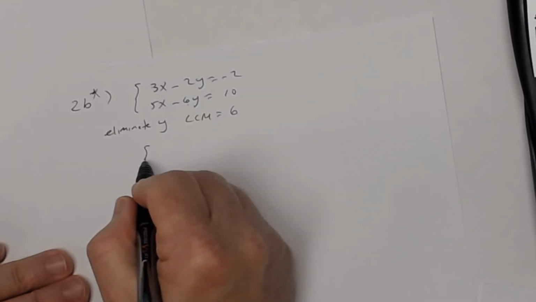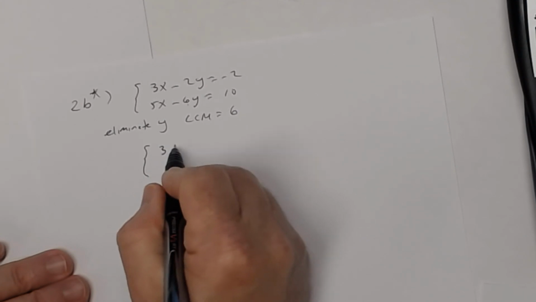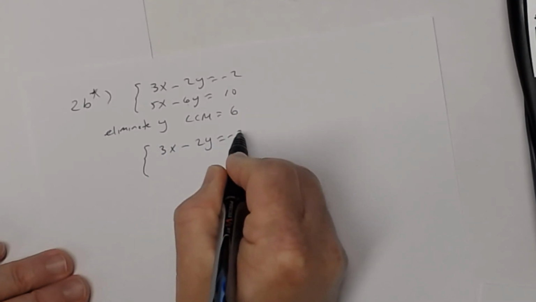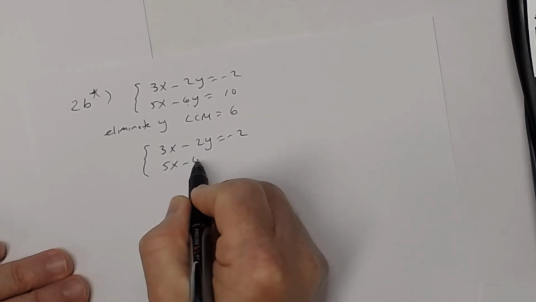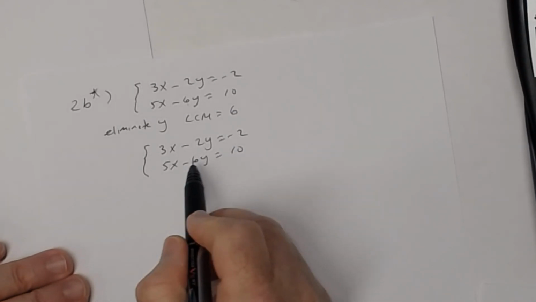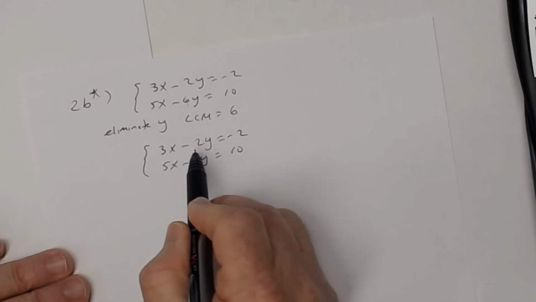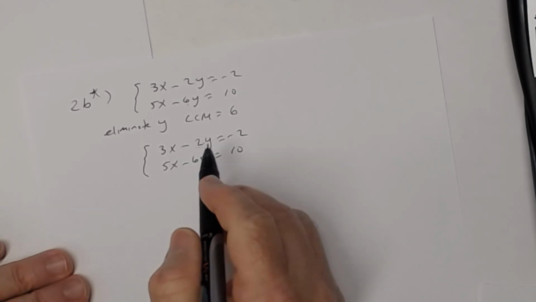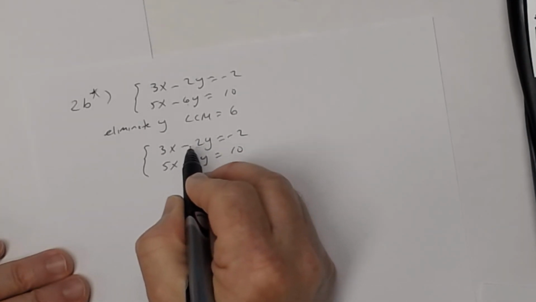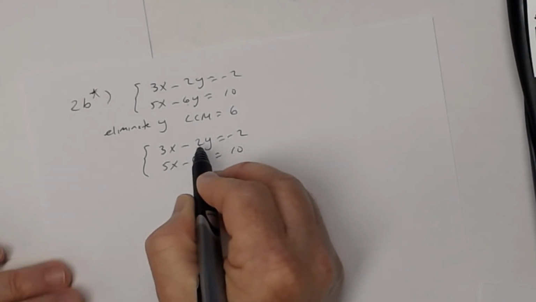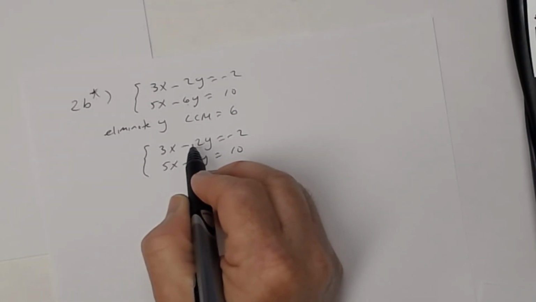All right, so let's talk about that. Let me go ahead and rewrite this over. 3x minus 2y equal negative 2. 5x minus 6y equal 10. So this is already negative 6. That means I need this to be a positive 6 in order for them to be opposites. So in order to get that to be a positive 6, I need to multiply negative 2. So negative 2 times what number is a positive 6?